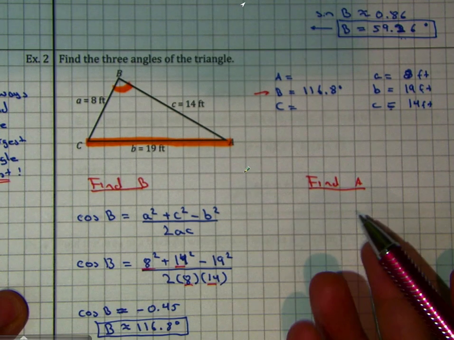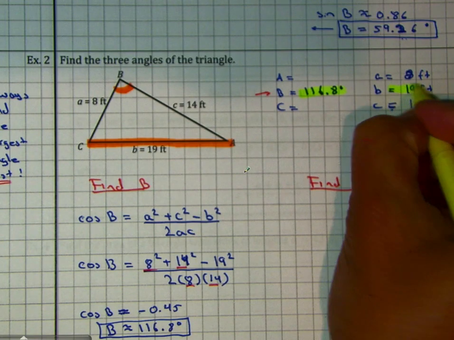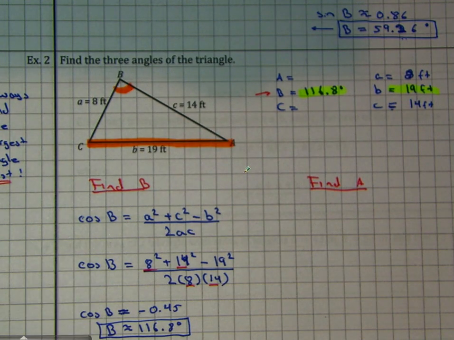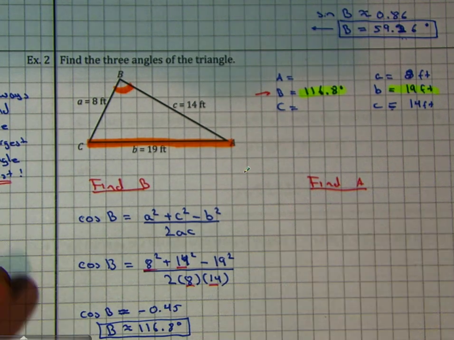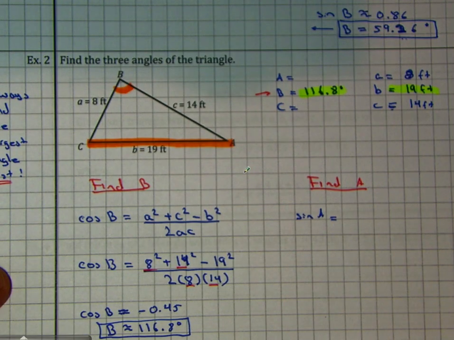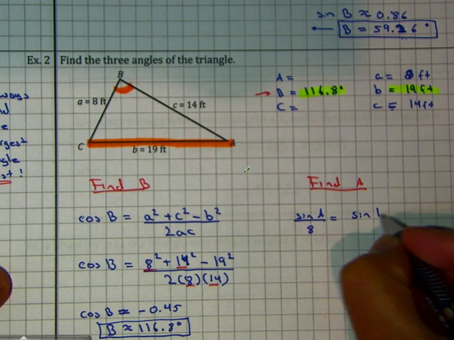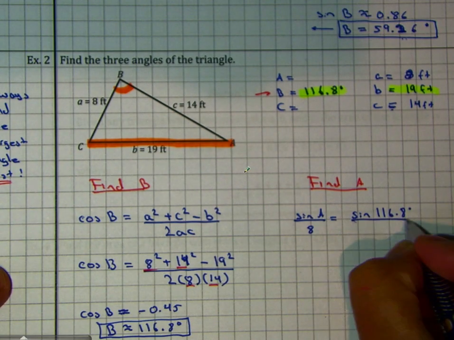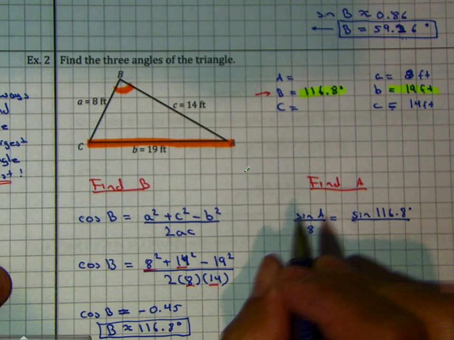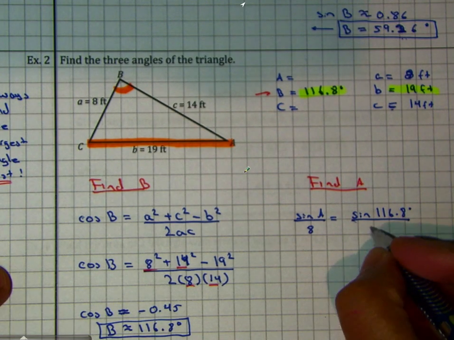Do you want to use the law of sines or the law of cosines? I'm going to use the law of sines. So now that I have a side, let's go and find A, so the sine of A over a, which is 8, is equal to the sine of 116.8, which I still have on my calculator, over 19.